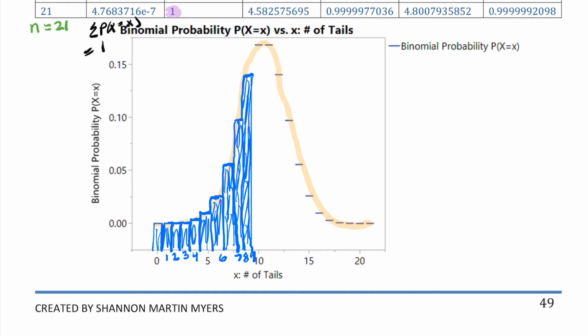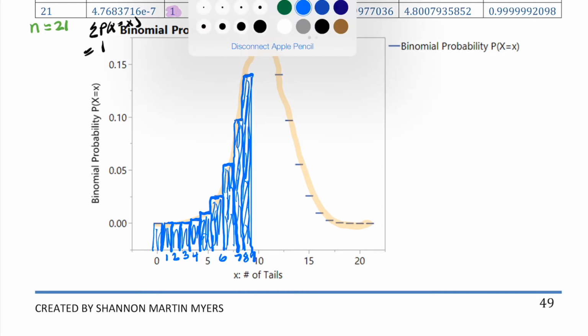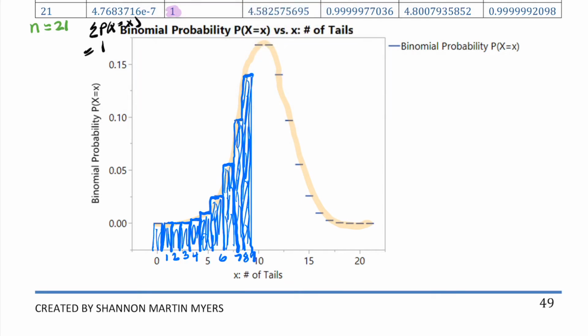They're offset by a half each way. So if you think about it, this here is really negative 0.5. This here is positive 0.5.